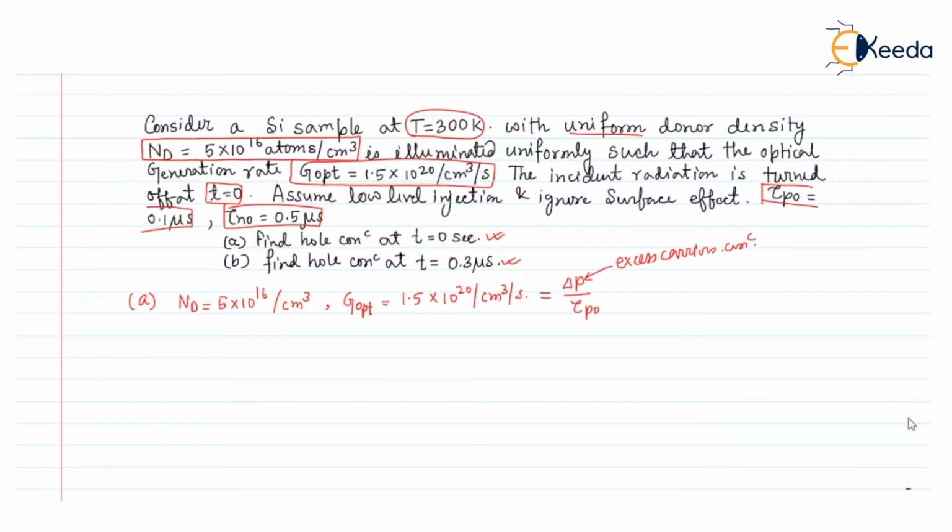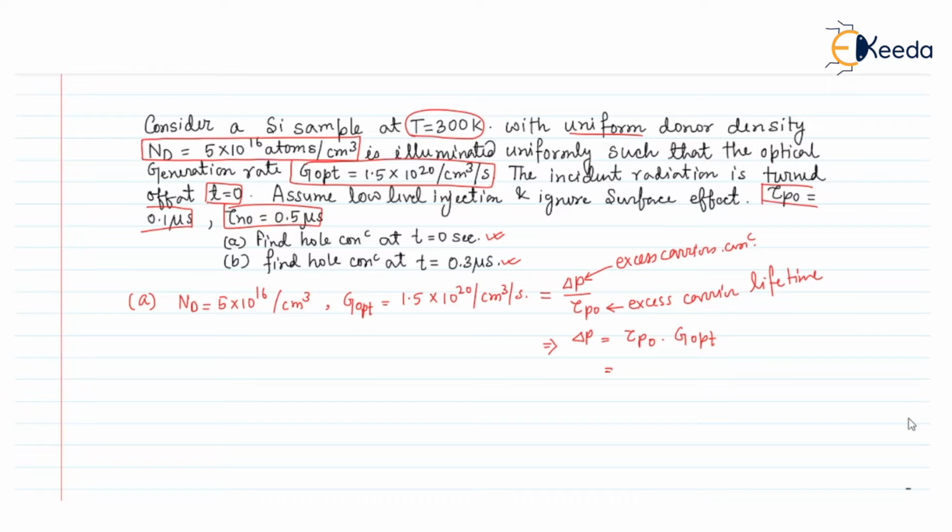and tau P0 is the excess carrier lifetime. So we can say that del P will be equal to tau P0 into G optical.